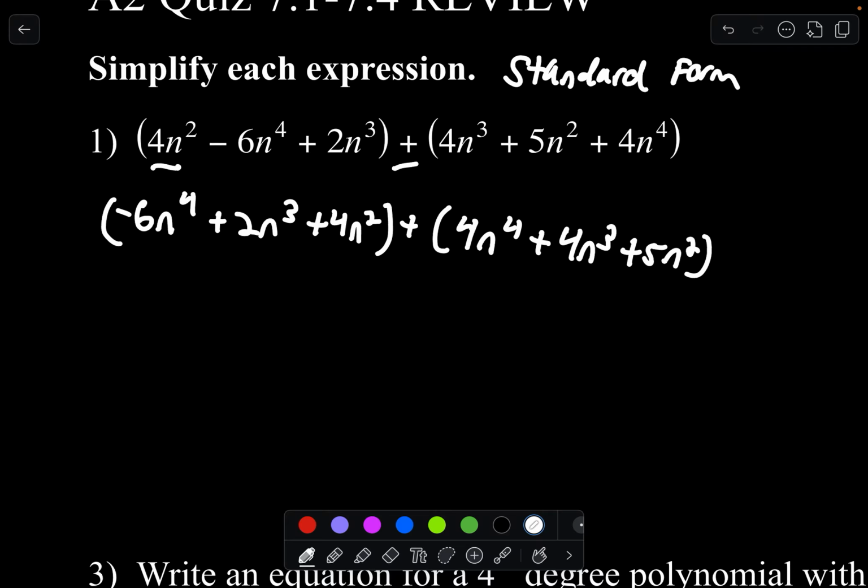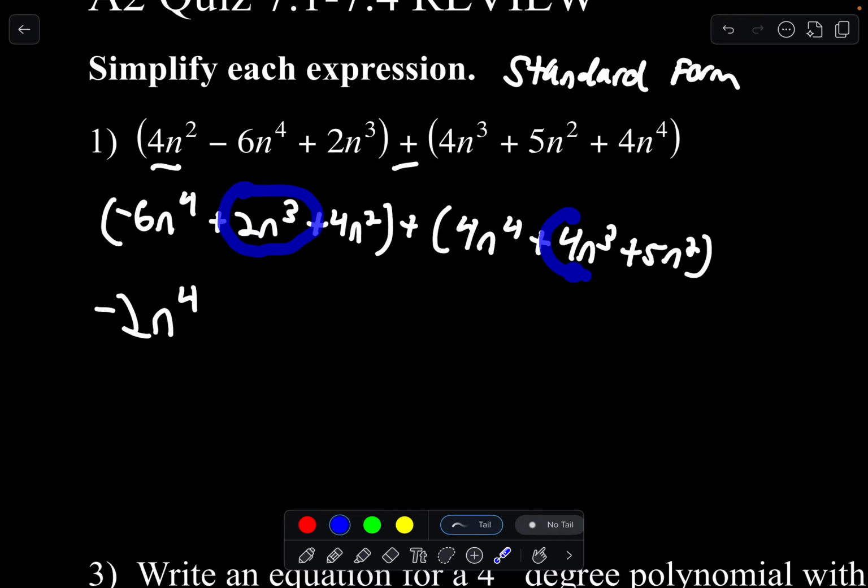Now that they're in standard form from highest power to lowest, it's really easy to match up the highest powers. So we combine negative 6n to the fourth plus 4n to the fourth. Negative 6 plus 4 is negative 2n to the fourth. Then our next highest is 2n to the third plus 4n to the third.